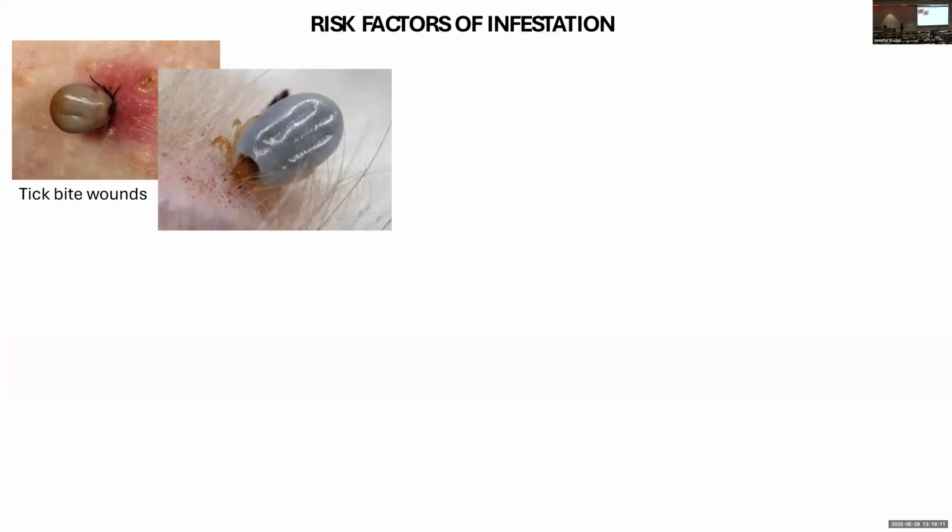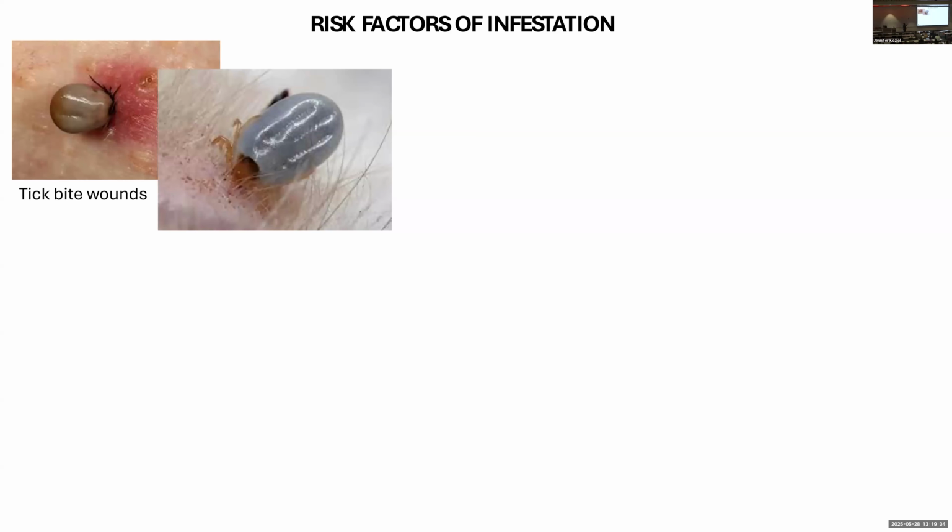But then, what are the risk factors of infestation? Everything tailors towards the presence of wound. I said they could affect wounds or intact membranes, but any condition or any situation that would cause a wound to be present on an animal or a human will predispose to this.